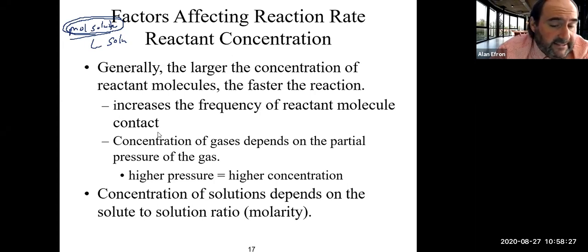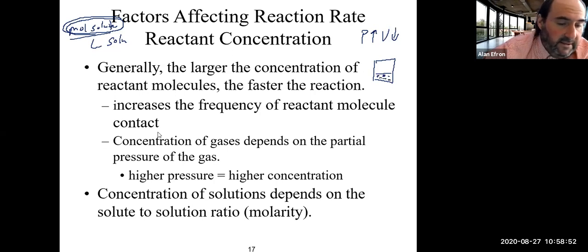When we talk about gases, it does depend on pressure. As you may remember, hopefully, pressure and volume are related to each other. As the pressure increases, the volume of a gas will decrease, right? Boyle's law. If you really increase the pressure, all your gas molecules are now in a very small volume, which means they are all near each other and will most likely come in contact with each other a lot faster than if the pressure was really low.